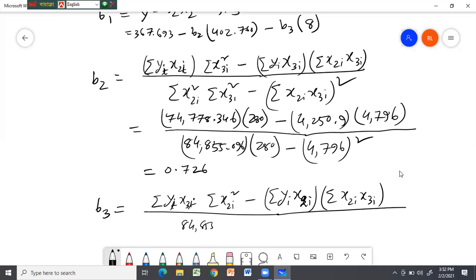Okay, it will be 84,855.096. Okay, just a minute. So just replacing the values, calculate the value of B3 here also.